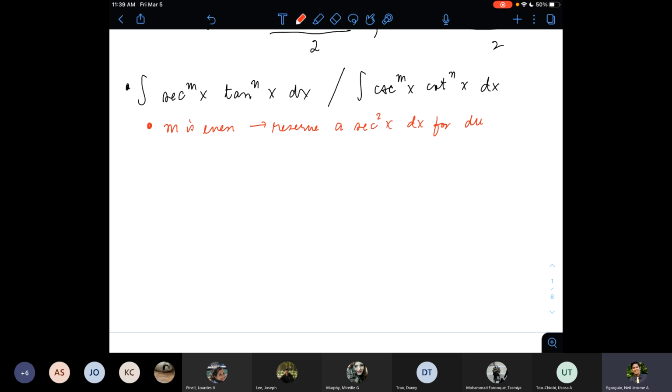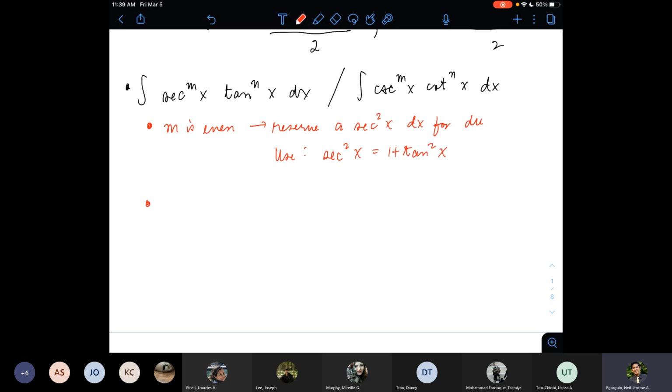And the utility of that is you can use this identity that an even power of secant can be expressed in terms of tangents. So you can write secant squared x as 1 plus tangent squared x. And in your solution, all the remaining factors will be in terms of tangent. So you can let u be equal to tangent x and use secant squared for the du. That's why I reserved secant squared x from the even power of secant.